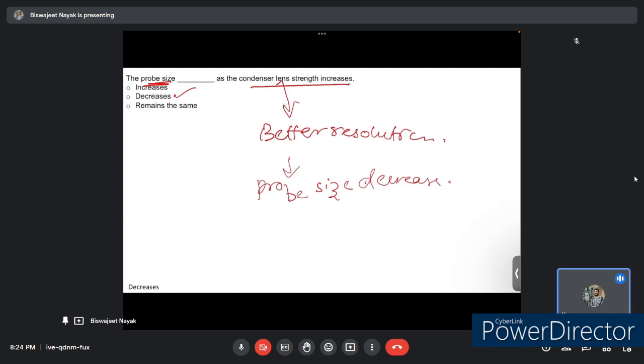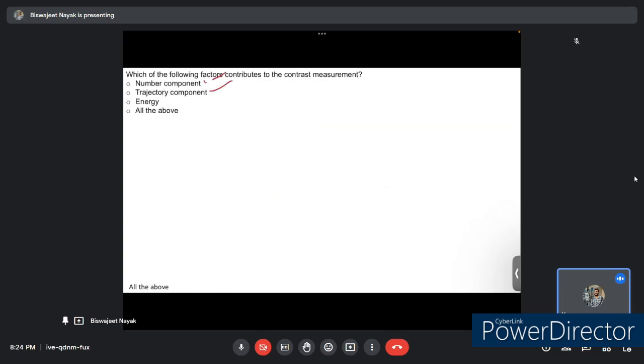Which of the following factors contribute to contrast measurement? As I have already shown, for contrast measurement there are the number component, trajectory component, and energy component. For the number component, we have different numbers of electrons collected from different parts of the specimen, so they provide different values, and hence the number component.